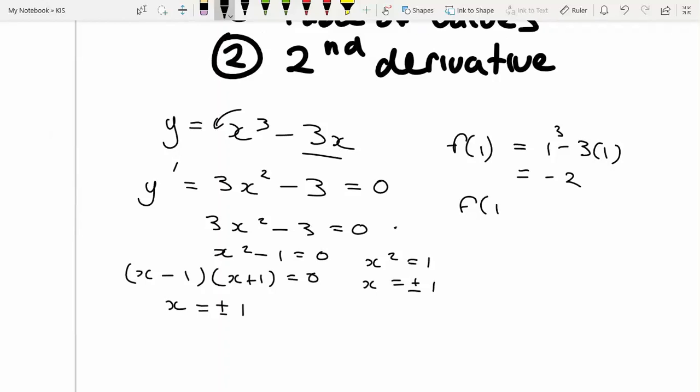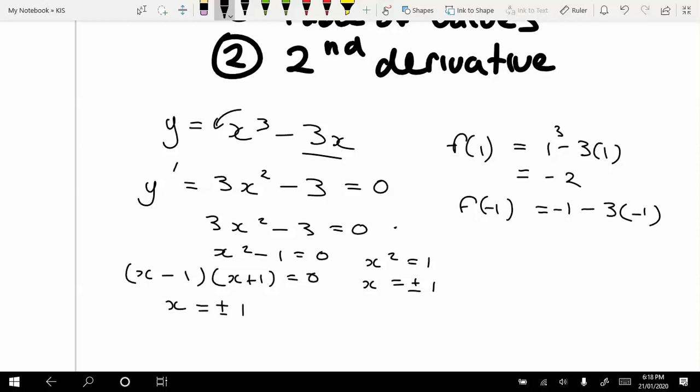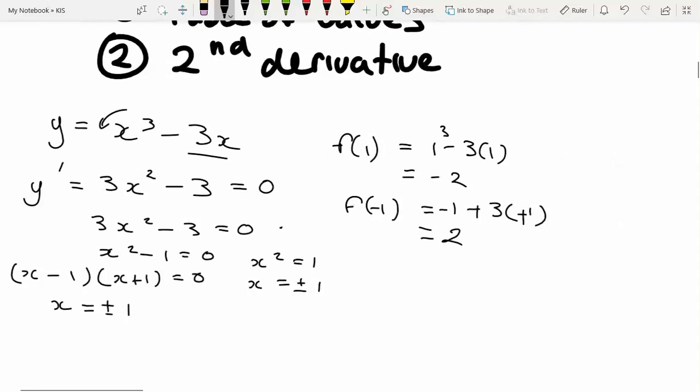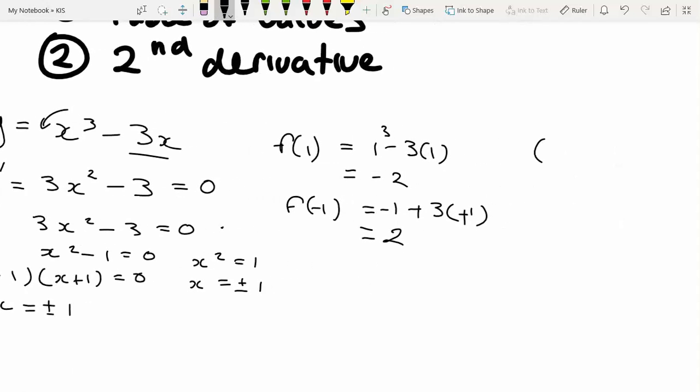If we put in minus 1 into that function, we're going to get minus 1 minus 3 times minus 1, and that's going to give us 2, because those two will become positive, and then we will get 1 plus 3... sorry, minus 1 plus 3, which gives us a positive value of 2. Okay, so we have our two coordinates here: 1 and minus 2, and then minus 1 and positive 2. Those are our two coordinates.